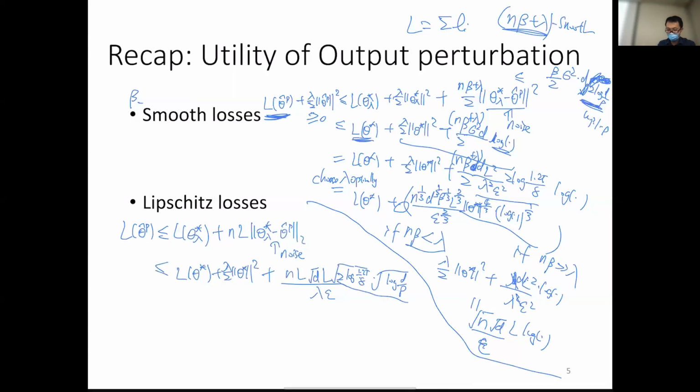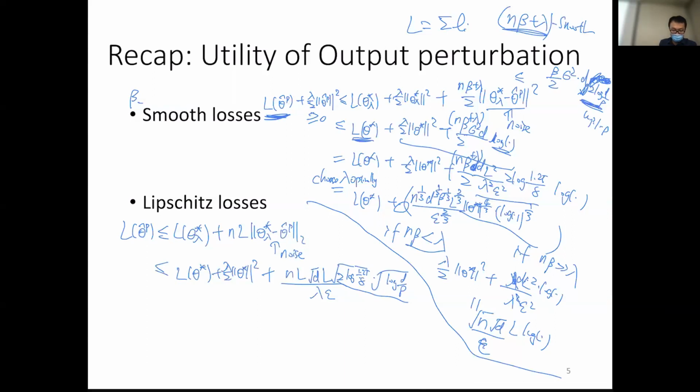So yeah, these are just log factors, and we've seen that whenever we have this lambda in the numerator in one term and lambda in the denominator in the other term, we can choose lambda optimally to balance and minimize the sum of these two.